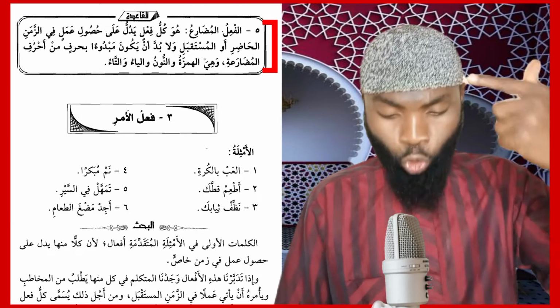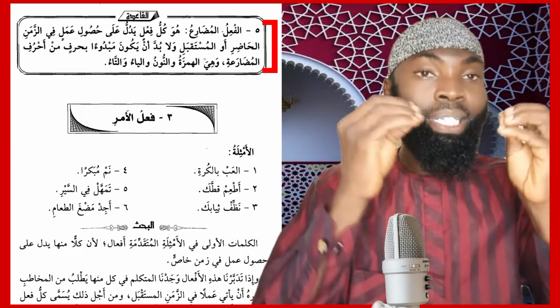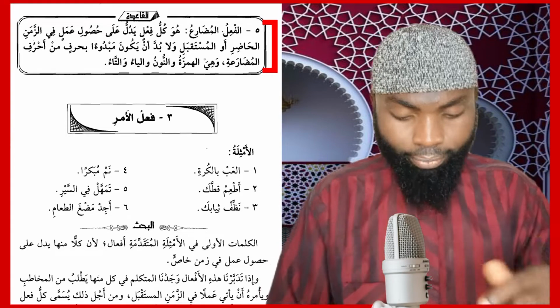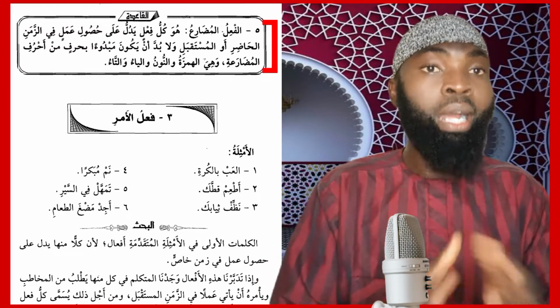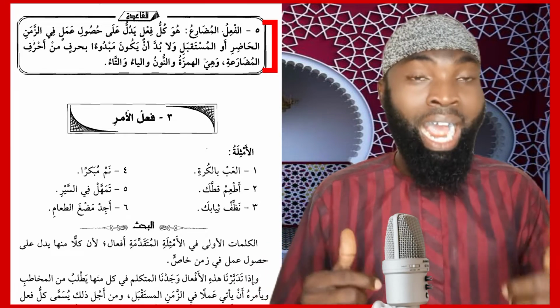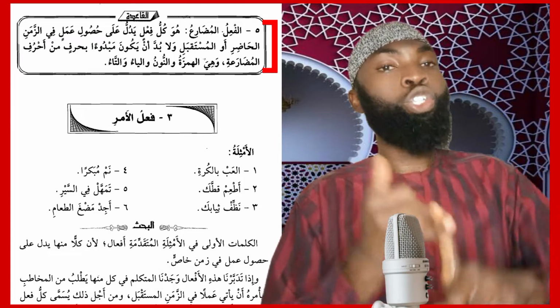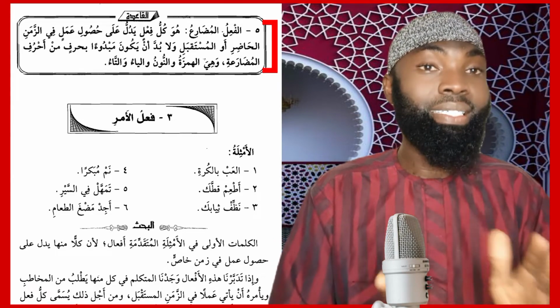And yakuna mabdu'an, it is a must that this present tense must begin with harfin min ahrufil mudari'a, a letter from the letters of the present tenses that we have mentioned earlier. Wahiya, and these letters are al-hamzatu, wal-nunu, wal-ya'u, wa-ta. These are the 4 letters.